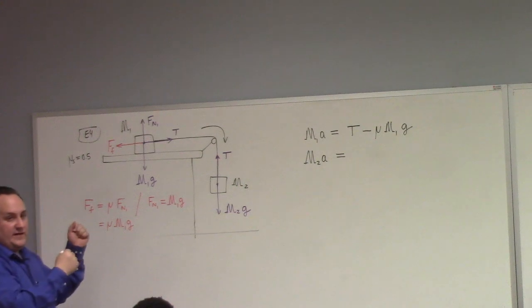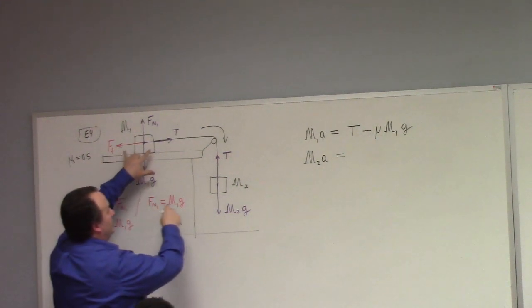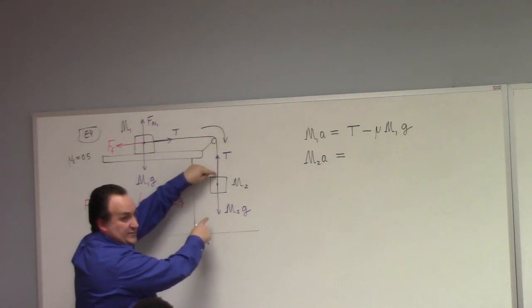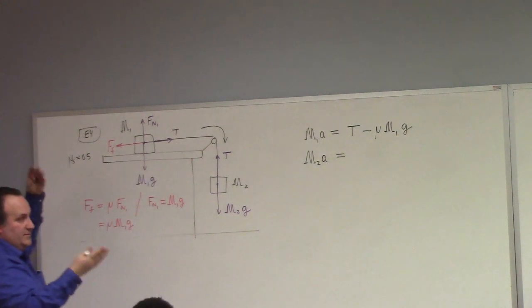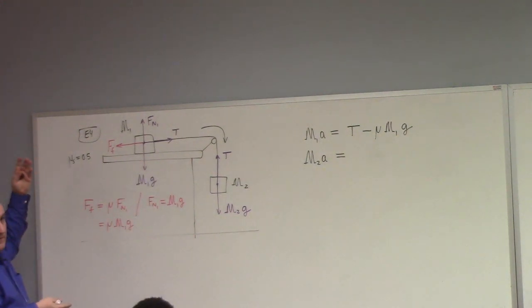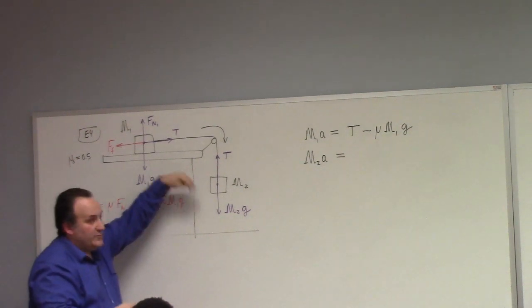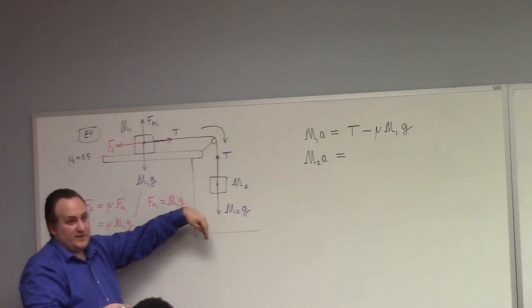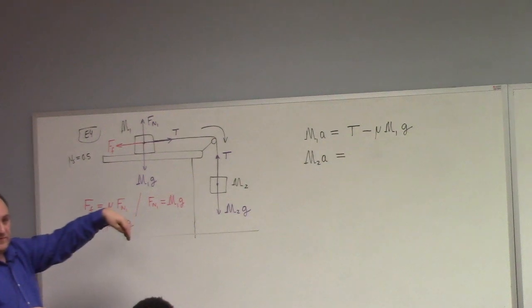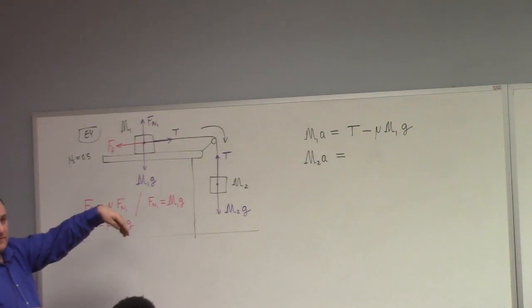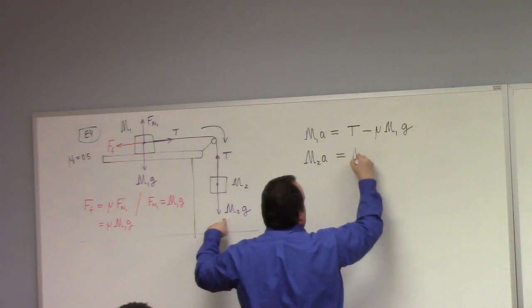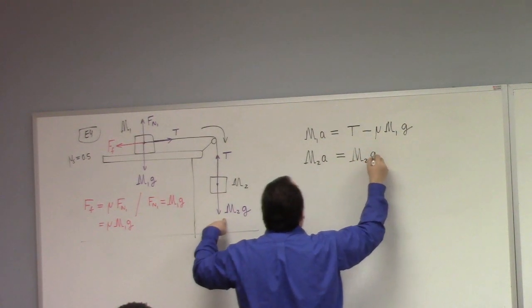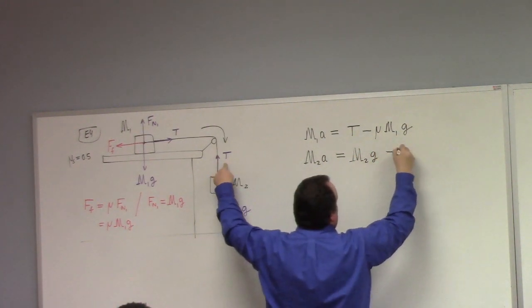The string not stretching means that the acceleration on m1 is the same as the acceleration on m2, m1 being horizontal, m2 being vertical. So we're stuck with the fact that downward is the positive direction for a, as we've set up the horizontal equation. In short, I must write m2g minus T here.